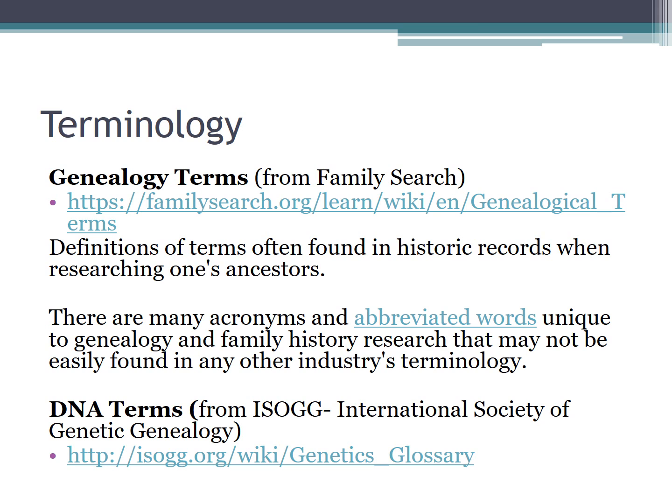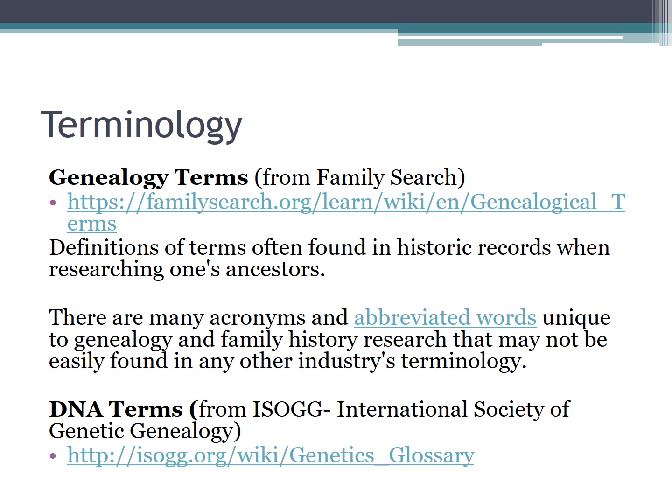There is some terminology that I think is really important when you're first getting started in genealogy. Genealogical terms from FamilySearch can be found using the following link. Definitions of terms are there, and things that are found in historic records when you're searching for your ancestors. So let's say there was a notation on a death certificate that someone died of consumption.